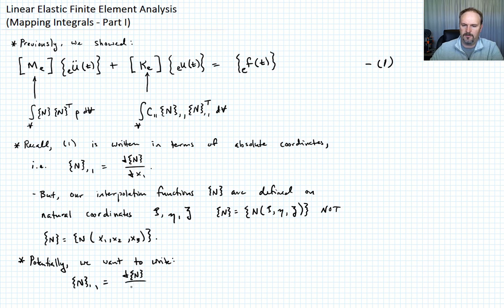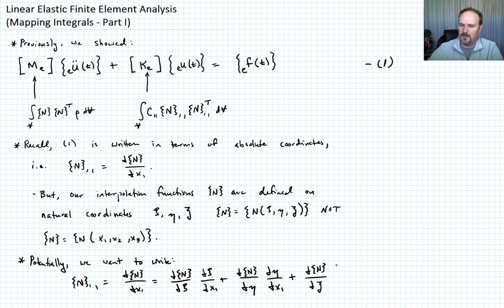We want to write that maybe with the chain rule, as the partial of N with respect to xi, times the partial of xi with respect to x1, plus the partial of N with respect to eta times the partial of eta with respect to x1, plus the partial of N with respect to zeta times the partial of zeta with respect to x1, right? That would be a convenient way to approach the problem.